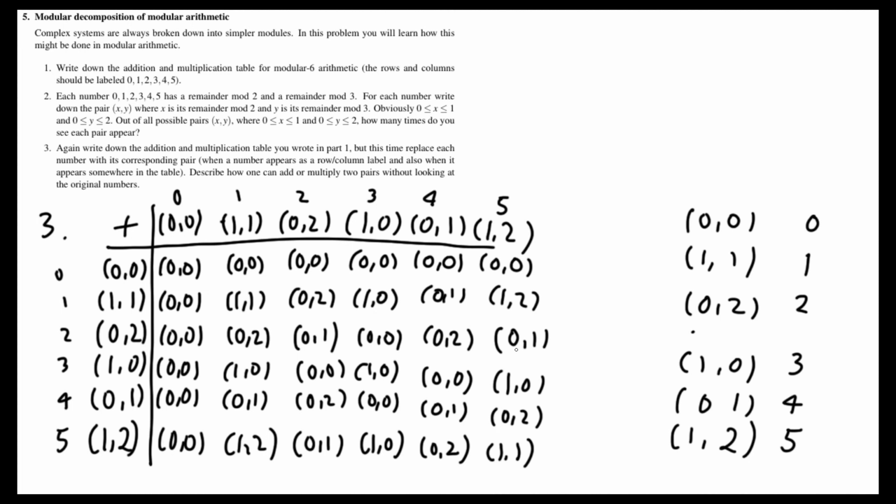Similarly, if you look at 2 times 4, we have 0, 2, 0, 1 gives you 0, 2. And 3 times 2, which is 1 mod 2 and 0 mod 3, and 0 mod 2 and 2 mod 3 give you 1 times 0, and 2 times 0 gives you 0, 0.